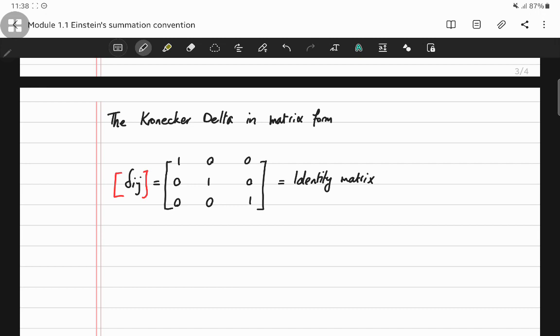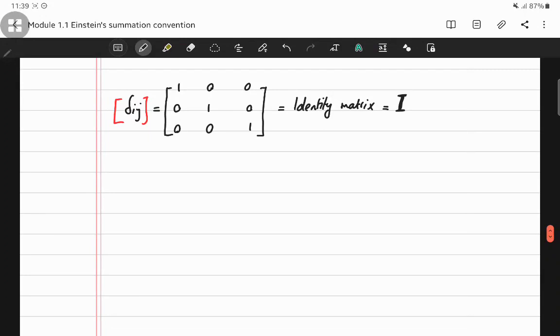If you put it in a matrix form, it becomes an identity matrix, which we show by a capital letter I, bolded, but I use I here because I can't just rewrite everything as bold. So delta ij refers to a value. However, if we put it into a matrix, it will give us the identity matrix. We'll discuss this later.